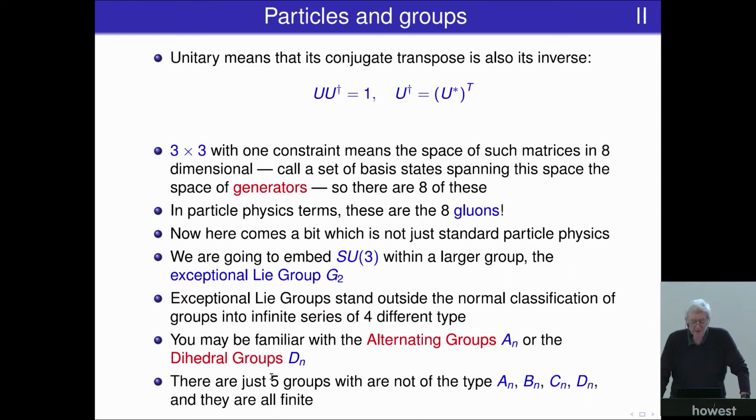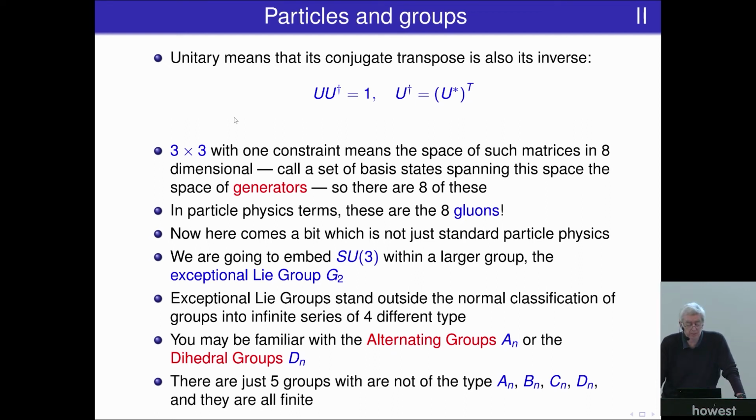Okay, so what does SU3 mean? Let's just get clear on that. The unitary bit means that in matrix terms, U times its complex conjugate transpose is 1. And the special unitary group is where you eliminate 1 degree of freedom by demanding that the determinant of the matrices is equal to 1, right?